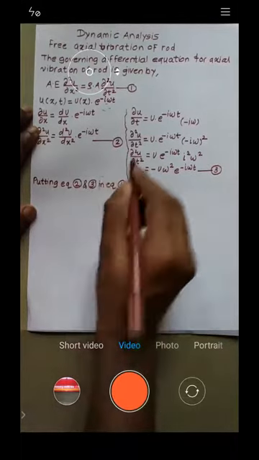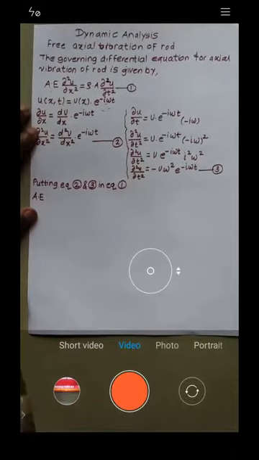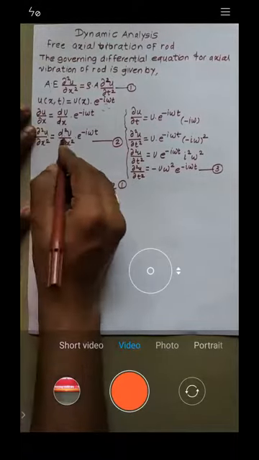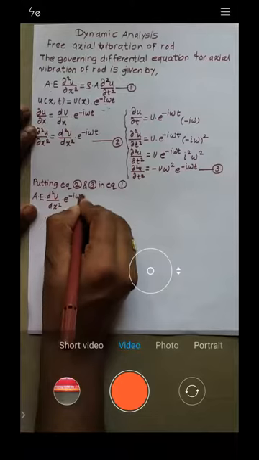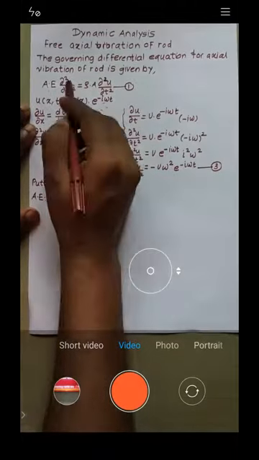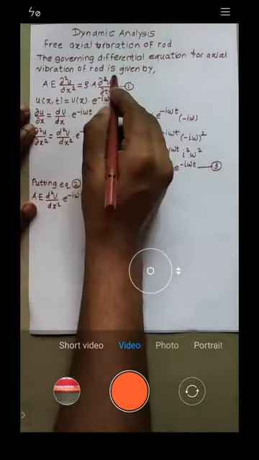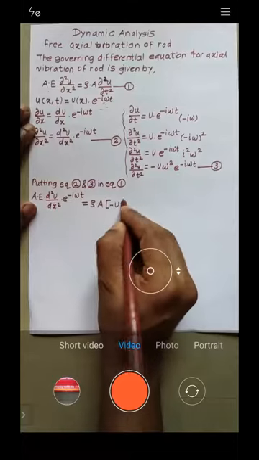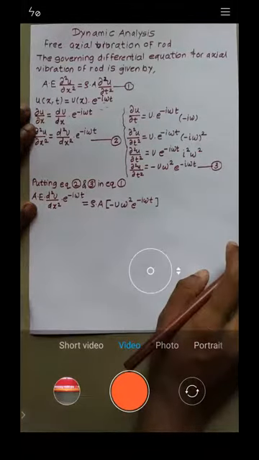So what will I get? I get AE ∂²u/∂x², whose value is d²u/dx² into e raised to power minus iωt, equal to ρA into ∂²u/∂t², and that value is minus u ω² e raised to power minus iωt.